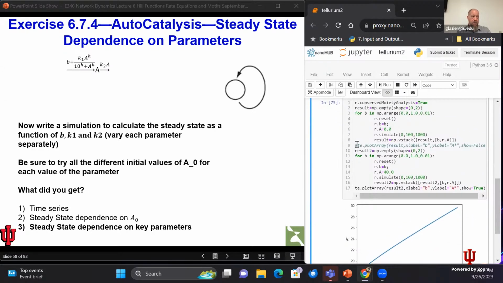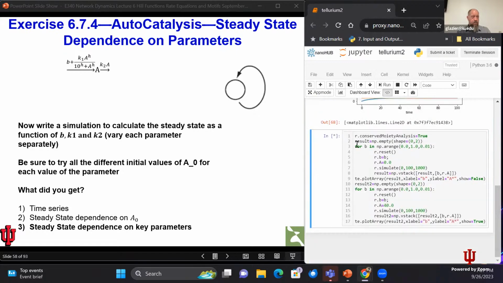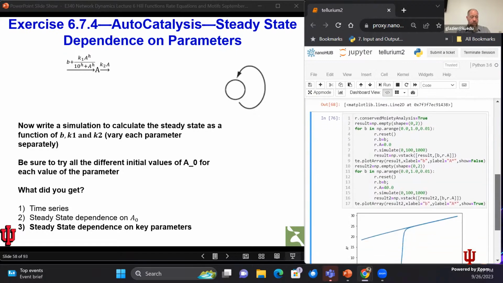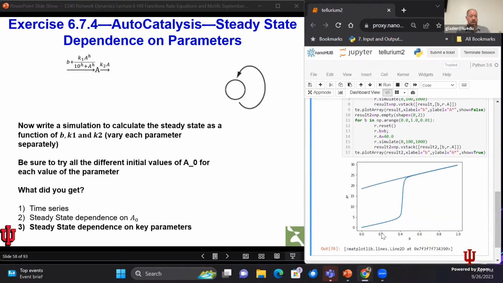So what happens is the following. If B is less than about 0.4, if the initial amount of A is small, the final amount of A is small. If the initial amount of A is large, the final amount of A is large.